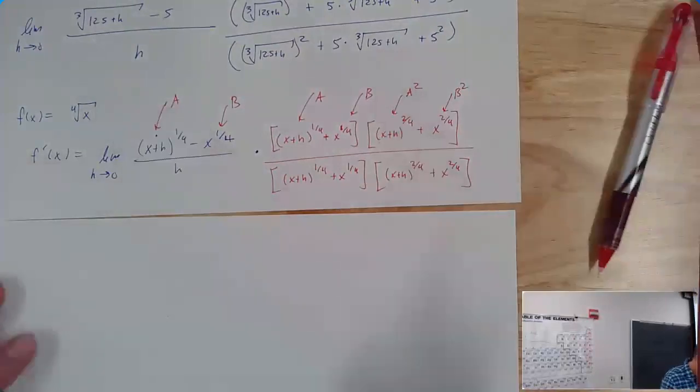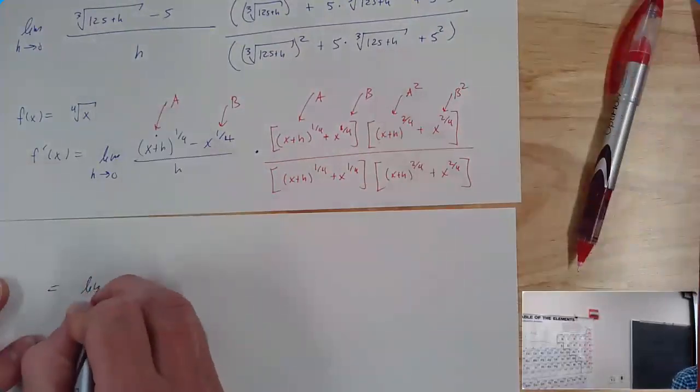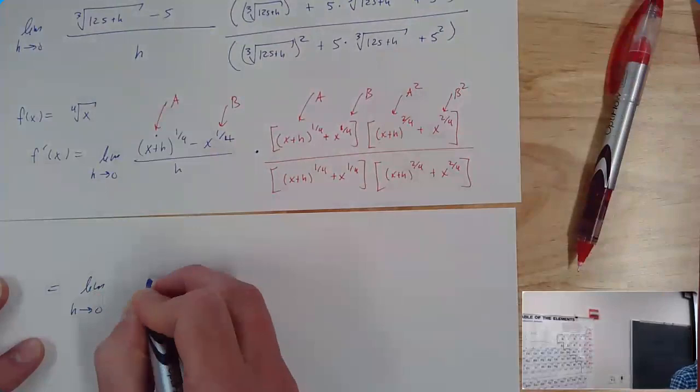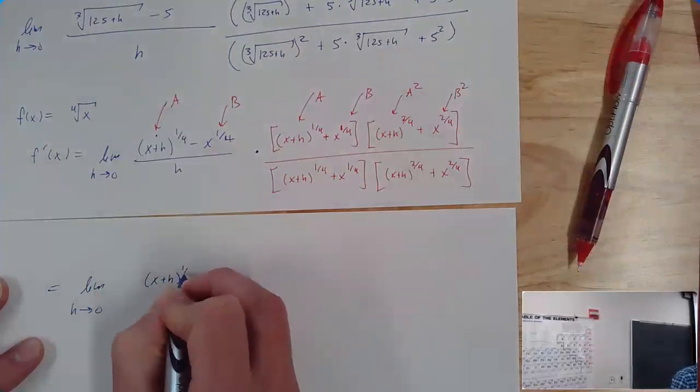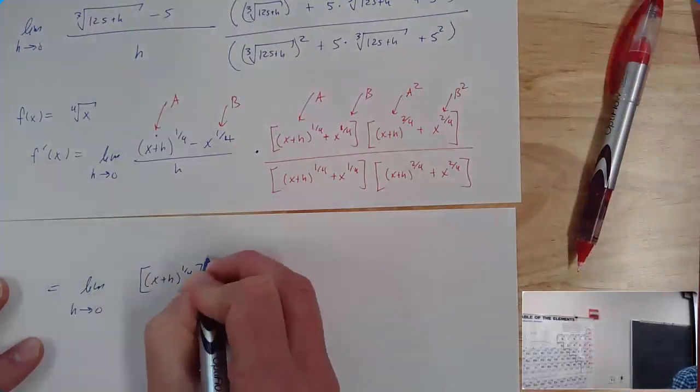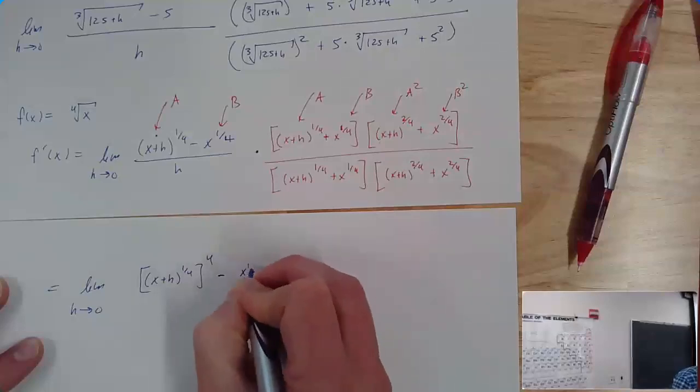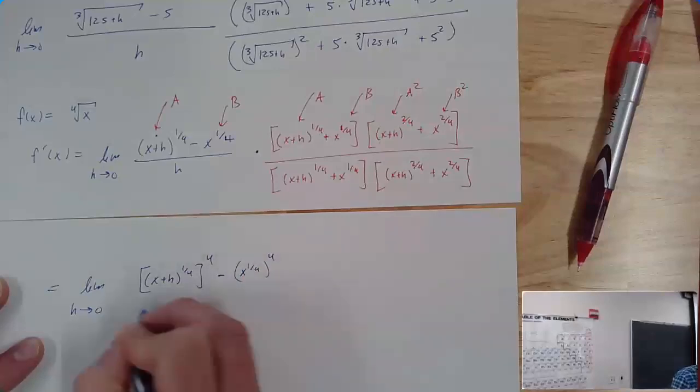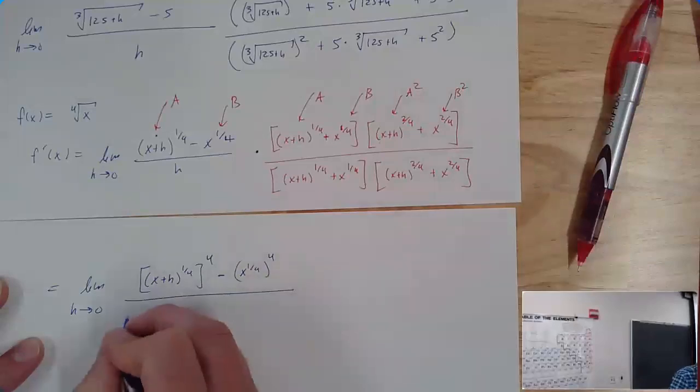So this is going to end up equaling the limit as h goes to 0 of a to the 4th minus b to the 4th, all over all that trash.